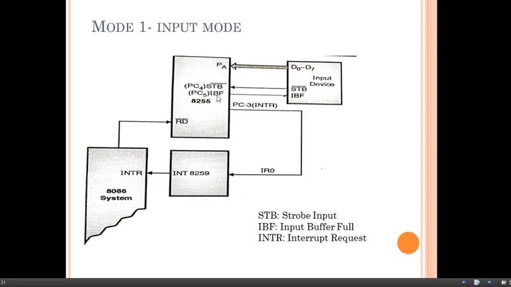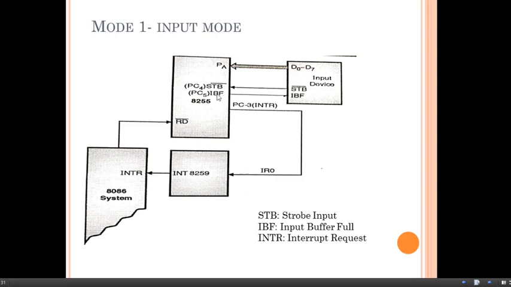So if the IBF signal is not present, this STB signal gets generated by this input device, and this STB signal indicates that it has transmitted the data, or written the data on this input port. That information is represented by this STB signal to this 8255 if the IBF signal is not present.